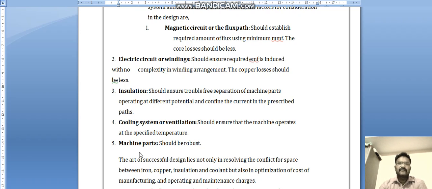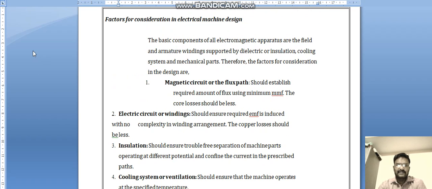Now we come to the first one, factors in magnetic circuit. The basic components of all electric apparatus are the field and armature winding supported by dielectric. Dielectric is nothing but insulation. It is a material which acts as insulation for a particular voltage, and that is called dielectric strength.